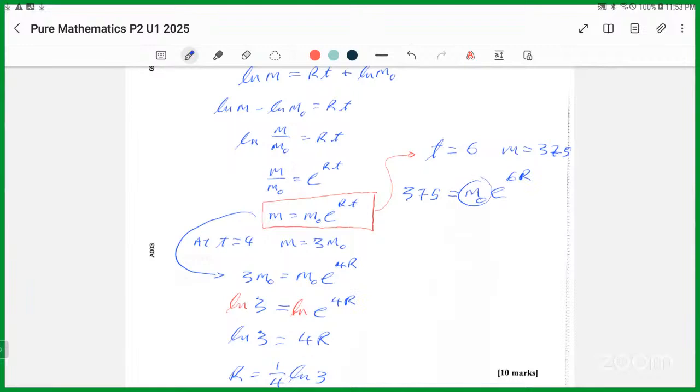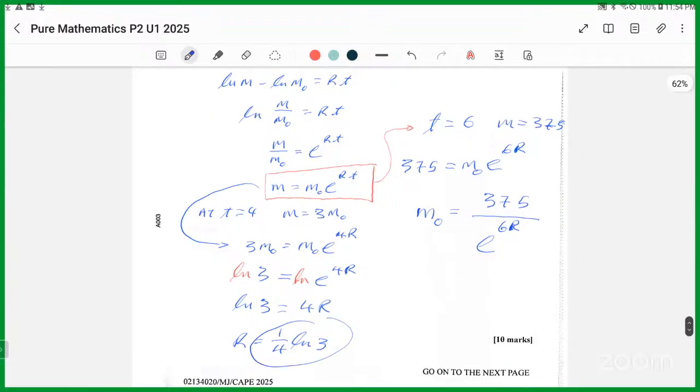And that's what we're trying to find, the starting mass. We're going to divide by the e to the 6r. So the starting mass becomes 375 over e to the 6r.